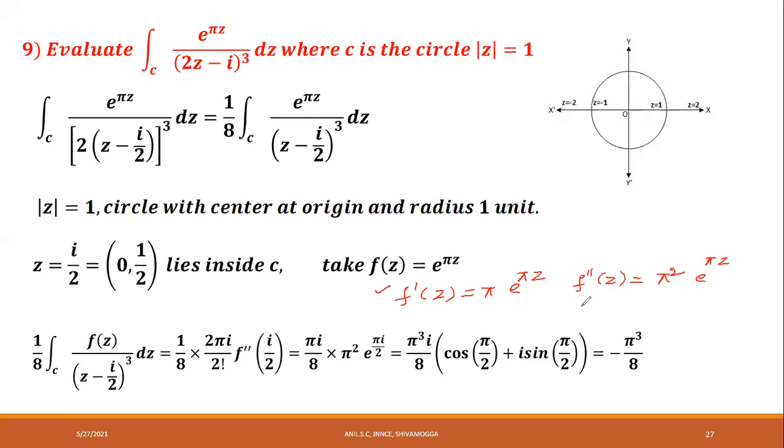Substitute. Therefore, f double dash i by 2 is equal to pi square into e power pi z at z equals i by 2, that is pi i divided by 2.